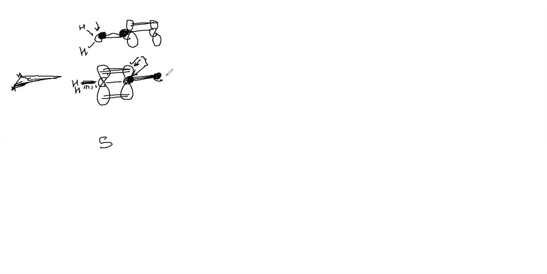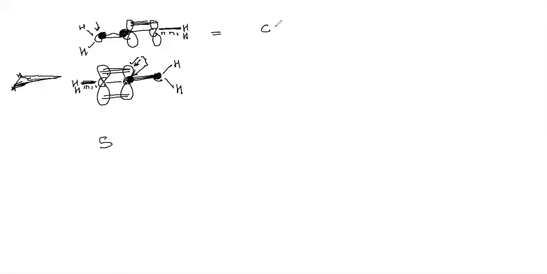Then look at the next one. If the p orbital is perpendicular, then the sigma bonds have to be in the plane of the board. And if the p orbitals are in the plane, the sigma bonds have to be in a perpendicular plane. Now let me draw these two structures here without any orbital.